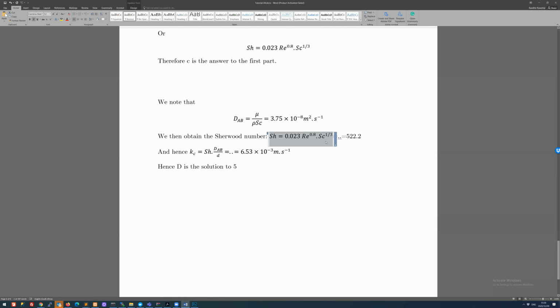The Reynolds number is known, the Schmidt number is known, so that's an easy number to get. And then the Sherwood number is KC D over DAB. We've now calculated DAB, and we are given the diameter of the pipe, so we can calculate KC. Okay, so if you look at it, then D is the correct answer given these numbers.